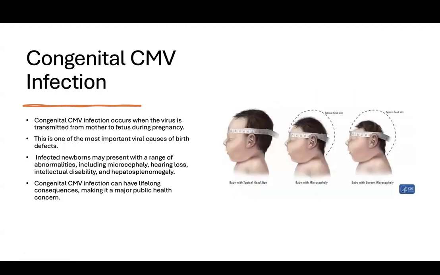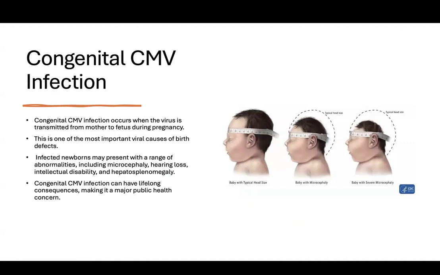An issue is when pregnant women have a very active form of CMV that is able to be passed on to the baby. CMV within a baby can cause a lot of different issues. One of them is microcephaly, in which the head circumference is much smaller than usual, and this can cause many developmental issues. But one thing that we see a lot is hearing loss.